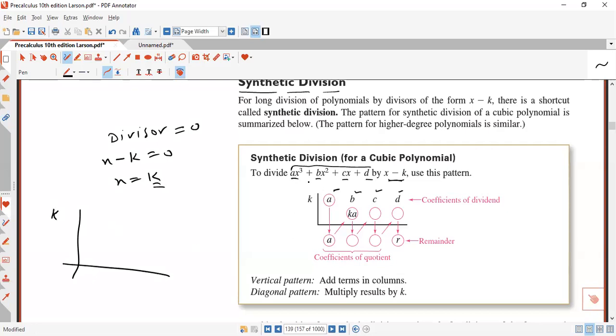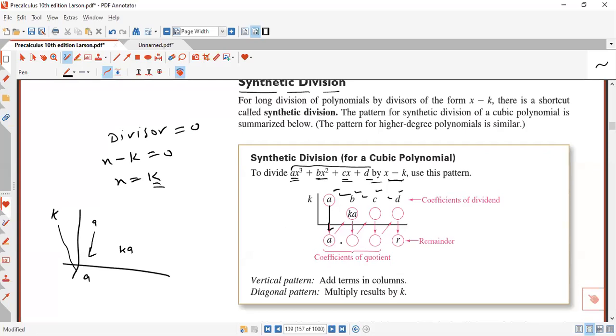And in the first row you would write all the coefficients of the dividend, just like a, b, c, d. And now what is the pattern and what is the method of this division? First of all, you keep the first term, the leading coefficient, as it is. So if there is a, you write a the same. Then you multiply a with k, that will become ak, and then you add these terms.